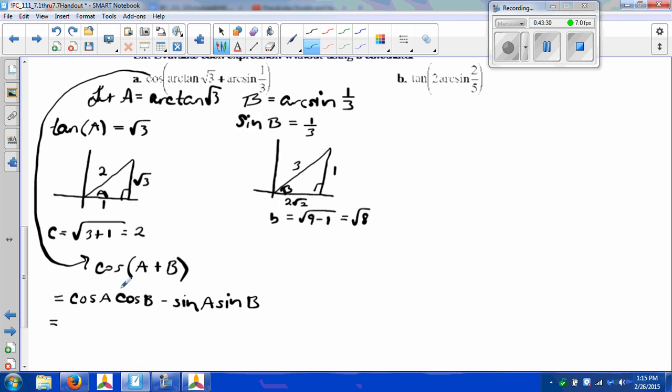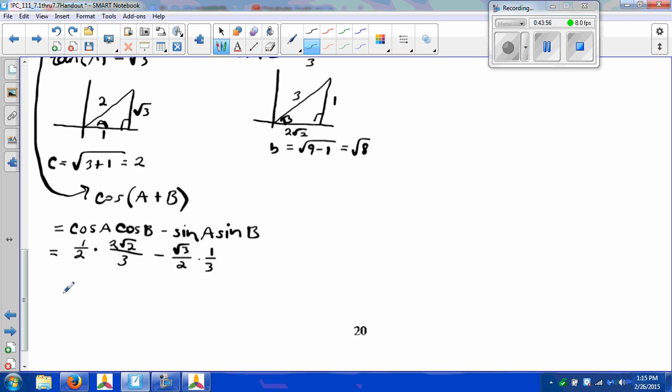Cosine of A is adjacent over hypotenuse, so 1/2. And then cosine B is 2 root 2 over 3. Minus sine of A, which is opposite over hypotenuse, and sine of B, which is opposite over hypotenuse. Then finally I get, well, these are going to cancel there because it's multiplication.